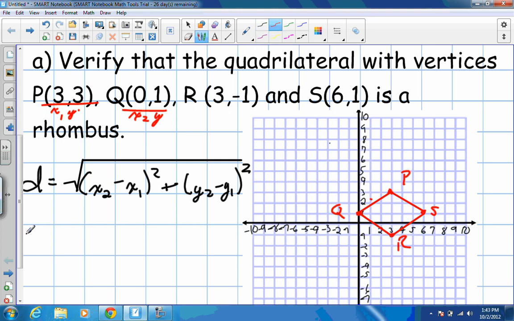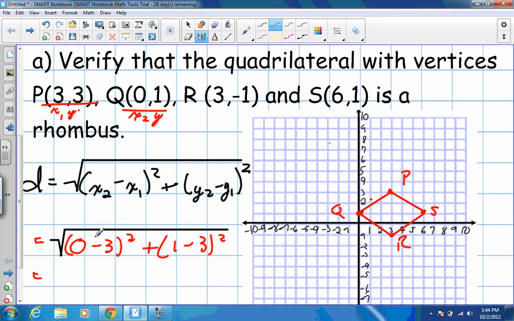So we'll do this one in red, the distance of the very first one. That means we need x2, which is 0, subtract 3 squared, plus y2, which is 1, subtract 3 squared. Try to do a couple steps in our head here. What is 0 minus 3?